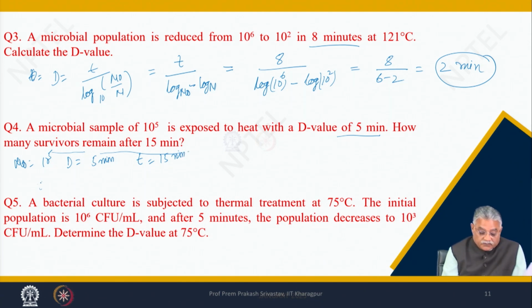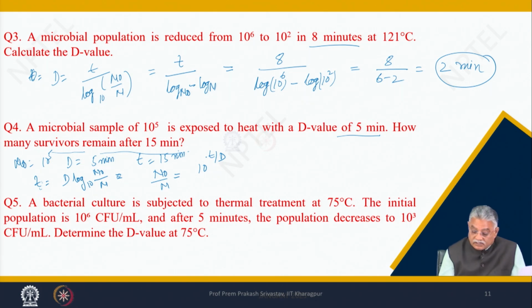So, T is equal to D log base 10 n0 by n, or we can write in this fashion that n0 by n is equal to 10 to the power T by D. Since it is getting reduced, there is a negative sign.